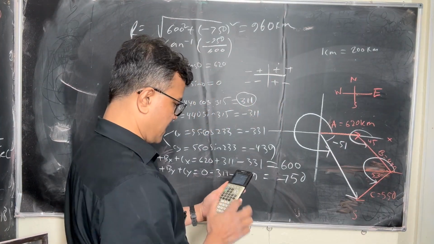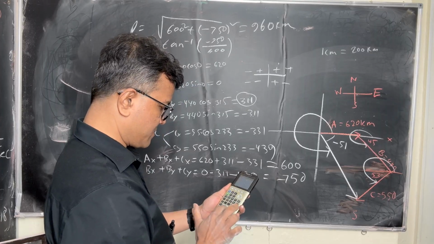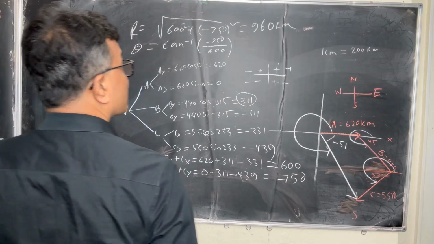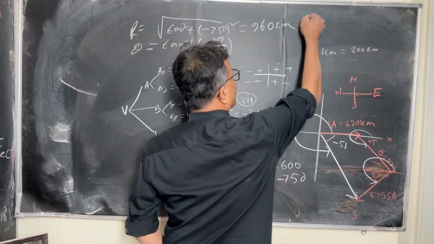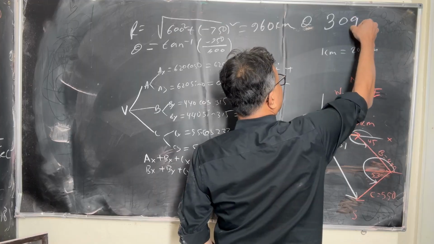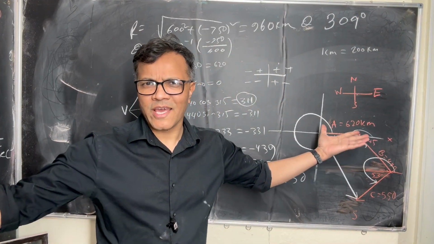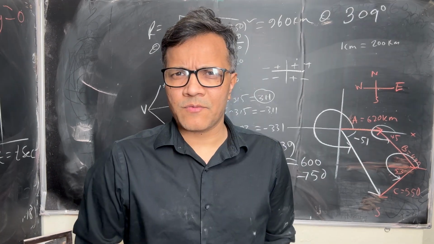So what is the angle? 360 minus 51, 309. So 309 degree. But some of you wrote negative 51. I'm okay with that.